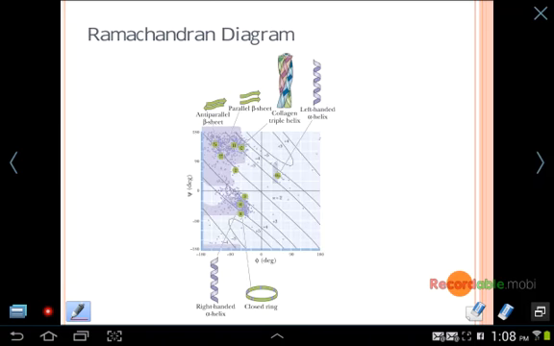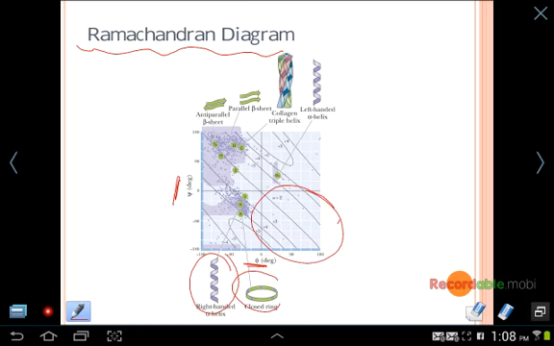So a Ramachandran diagram, or plot, is a plot that tells you where certain types of structures, based on their phi and psi angles, can occur and which ones cannot occur. In almost any amino acid, you will not get a phi and psi within these angles here in this quadrant. In this quadrant, phi and psi angle distributions, you get mostly beta sheets, and then some of the collagen triple helix we'll talk about.